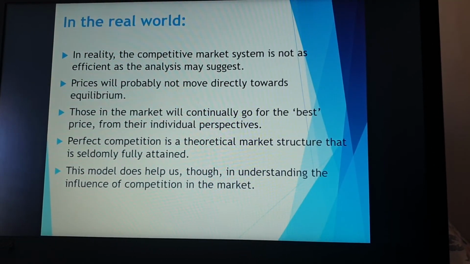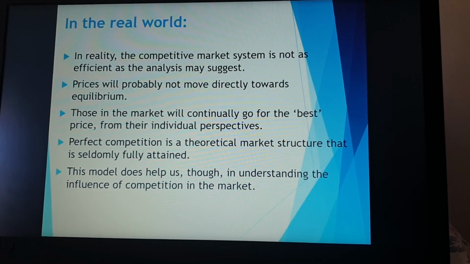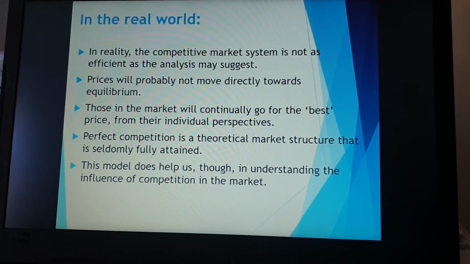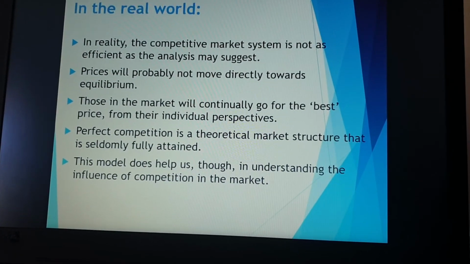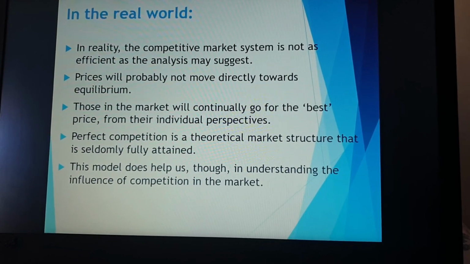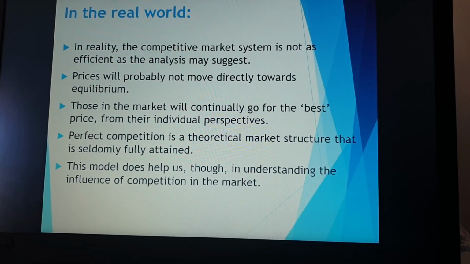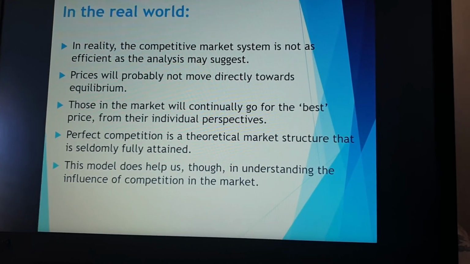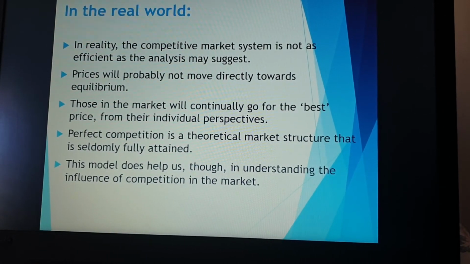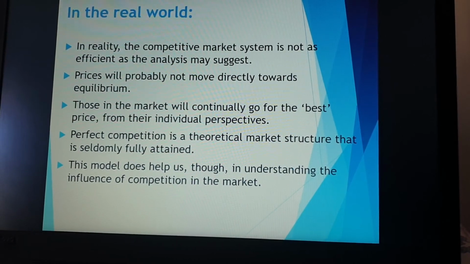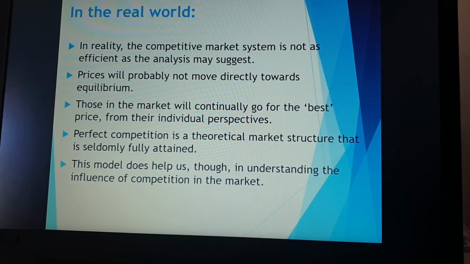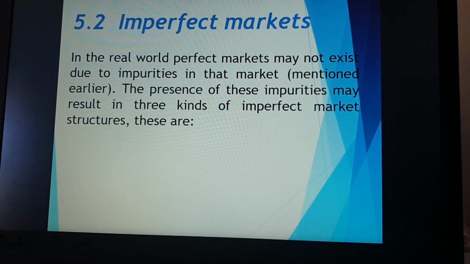Guys, we talk about a perfect market, but there's not actually one business, for example maize farmers or wheat farmers, that is 100% perfectly competitive, because they don't always ask the equilibrium price. This model does help us, though, to understand the influence of competition in the market. So this is how it will work in the real world.